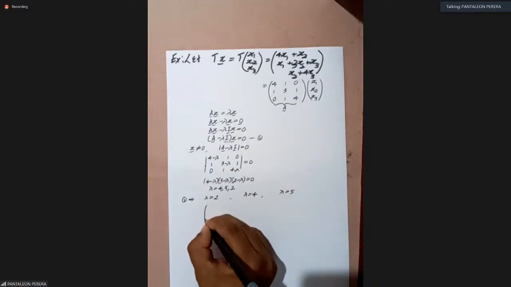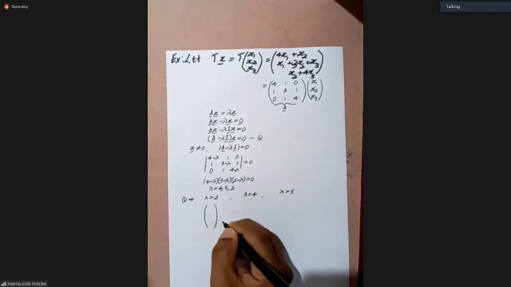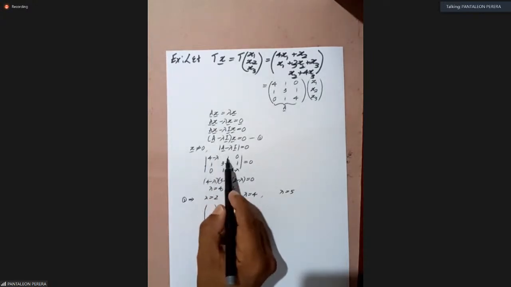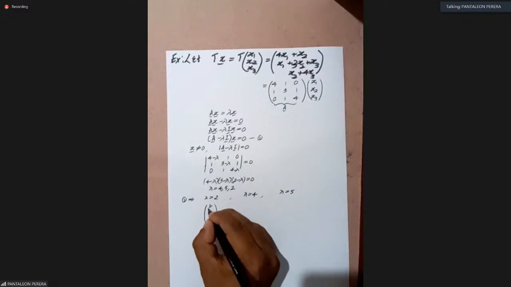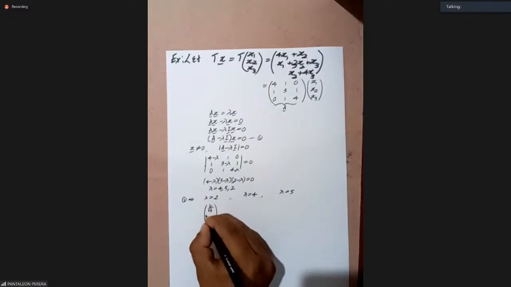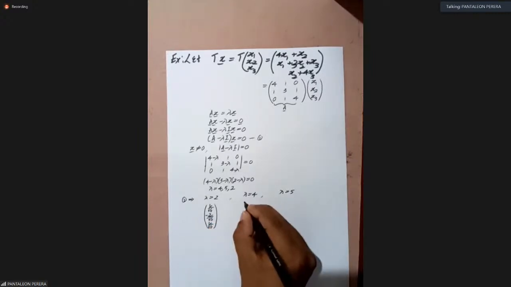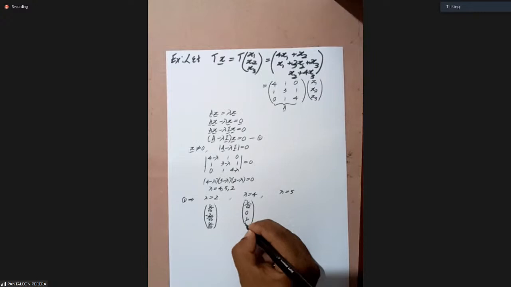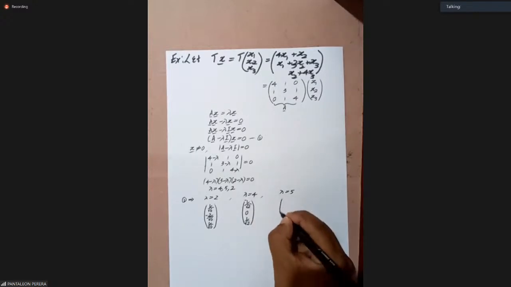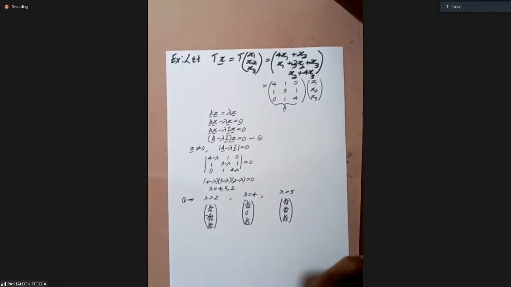This becomes 2, 1, 1. When lambda is 4, right?